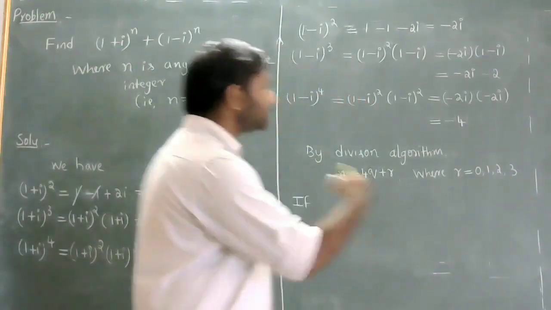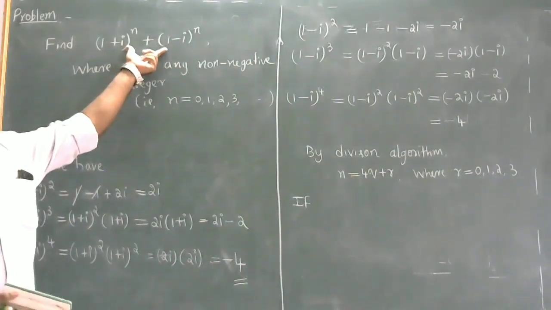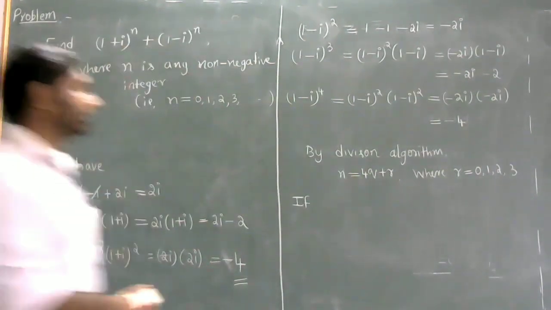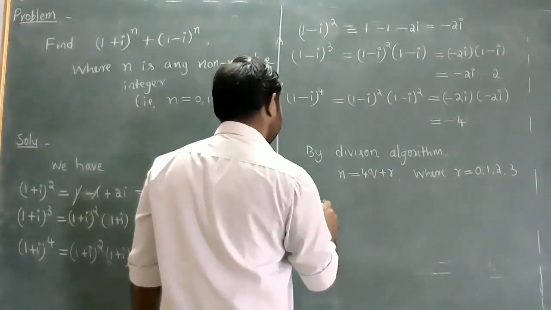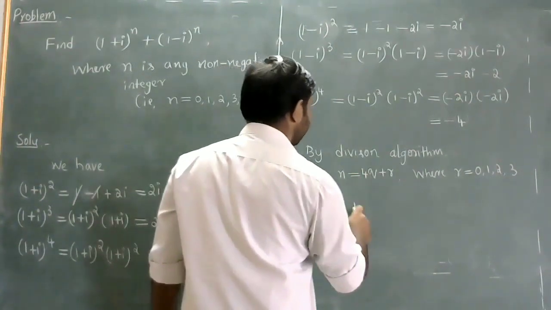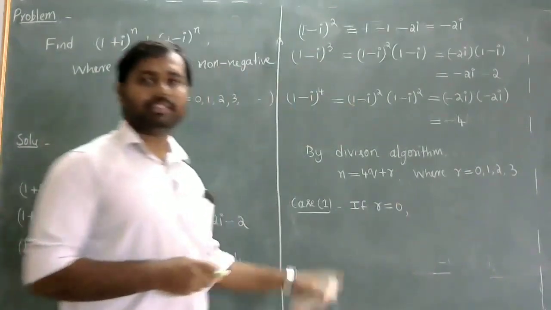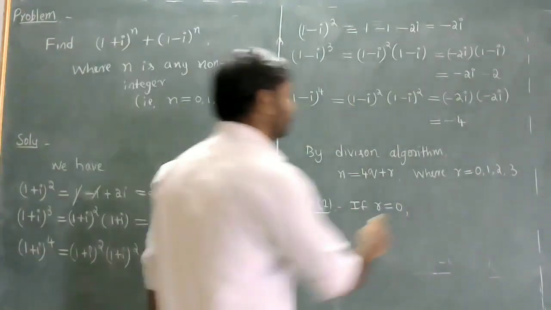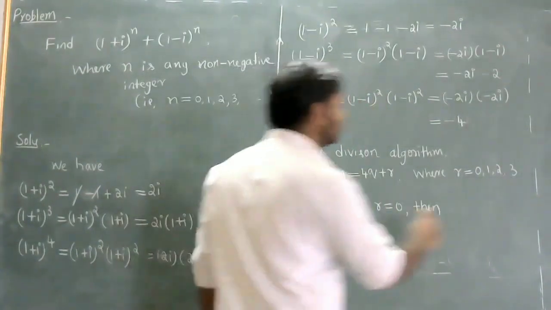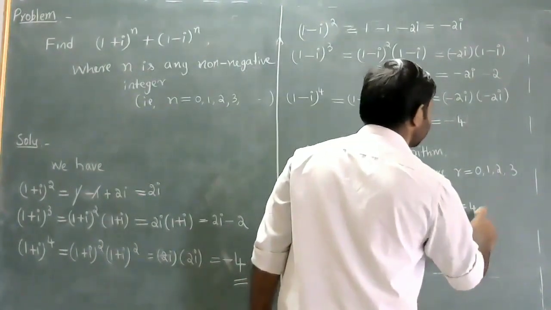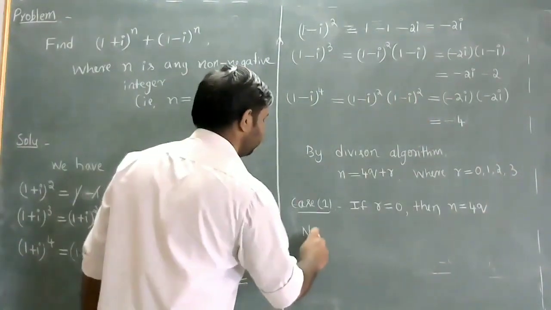Based on the possibilities, we shall see what the value of this number would be. So now case 1: if r is equal to 0, that means the remainder is 0, then n will be of the form 4q.